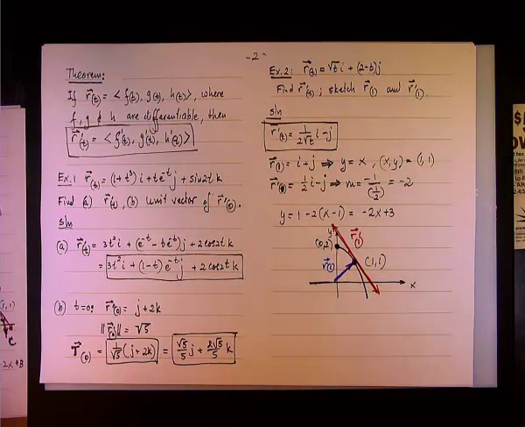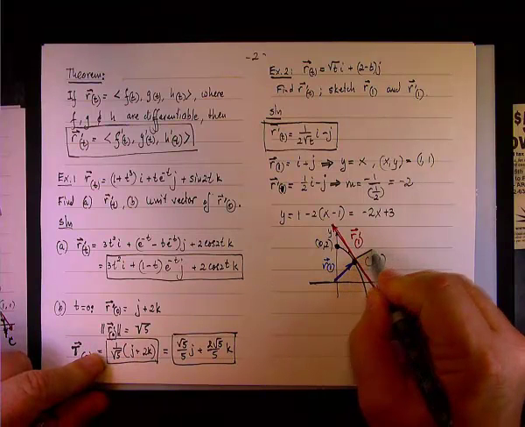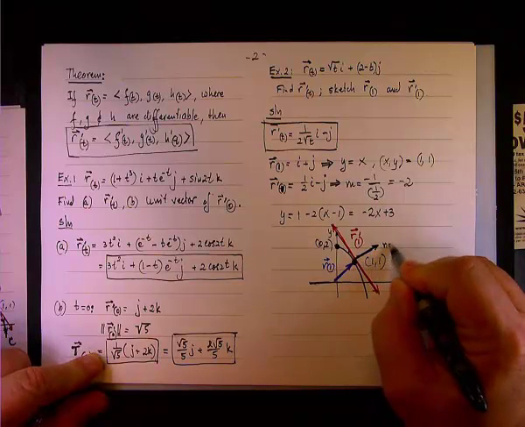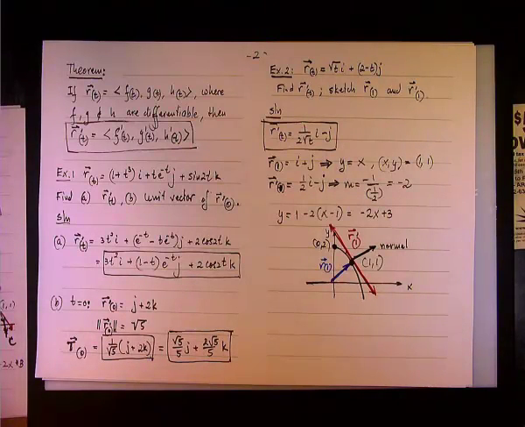What's true is that the tangent and the normal are always perpendicular to each other. It turns out in this case that the normal is a different vector. It's not lining up. This will be the normal, a vector that is normal to the curve.